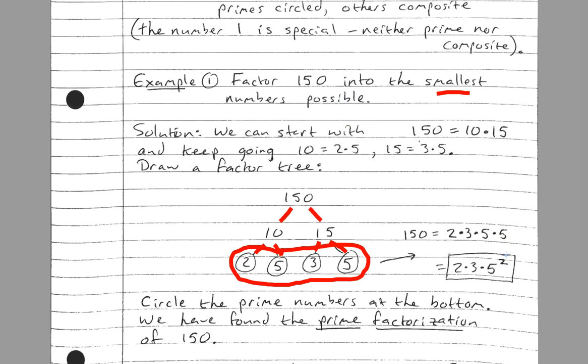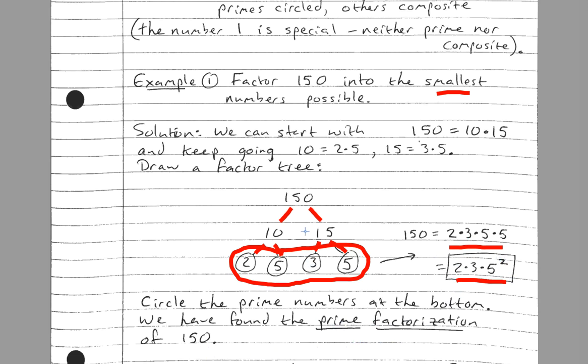Those are the smallest factors possible. 5 times 5, that's 5 squared. It's nice to write it like this, but this is fine, and this is useful as well. Okay, so we found the prime factorization of 150.